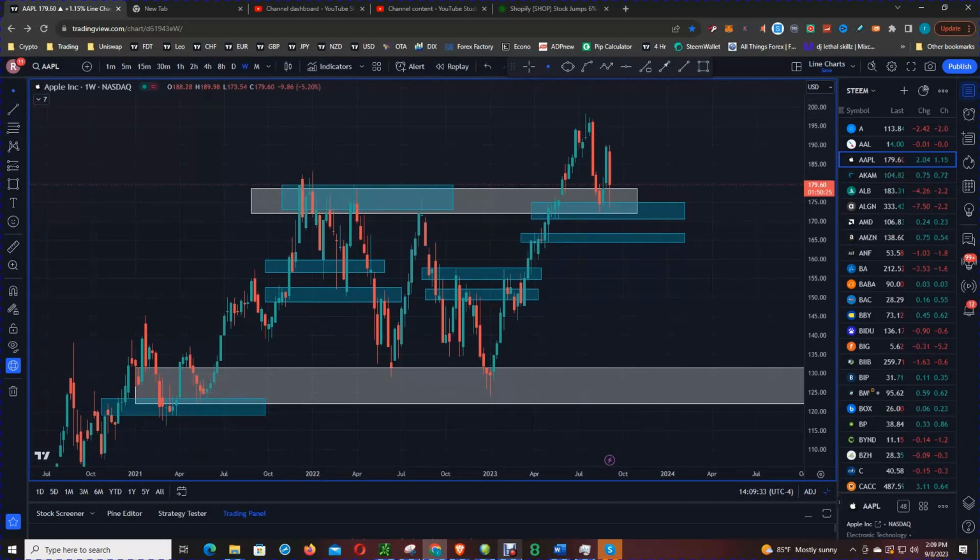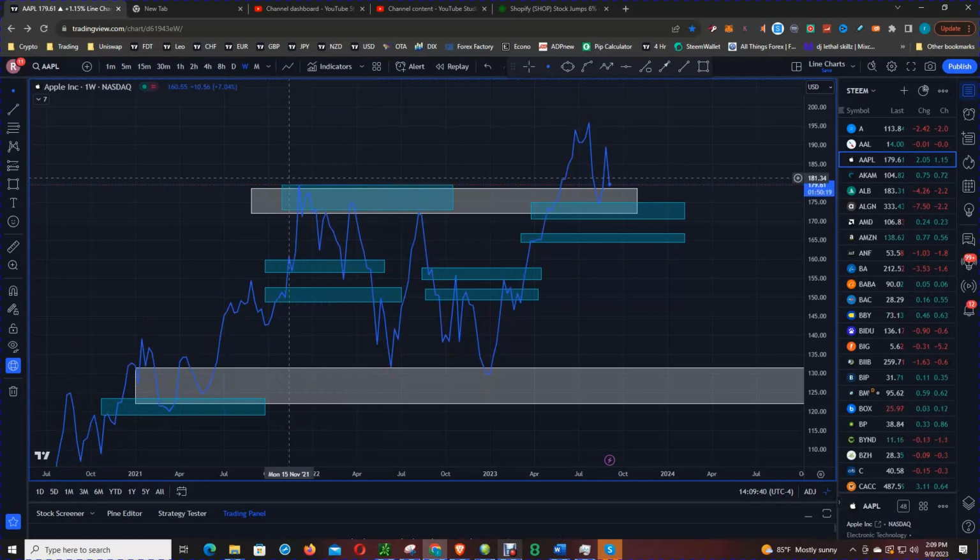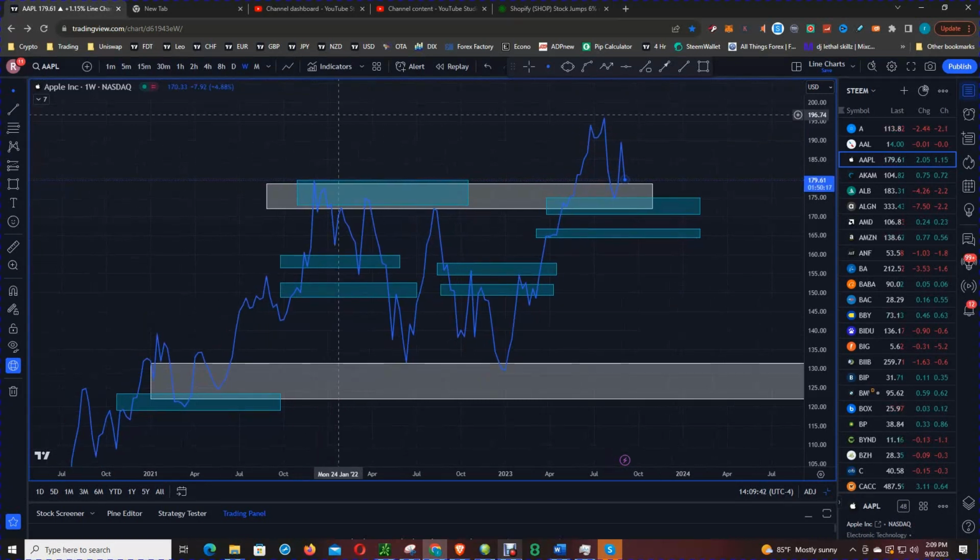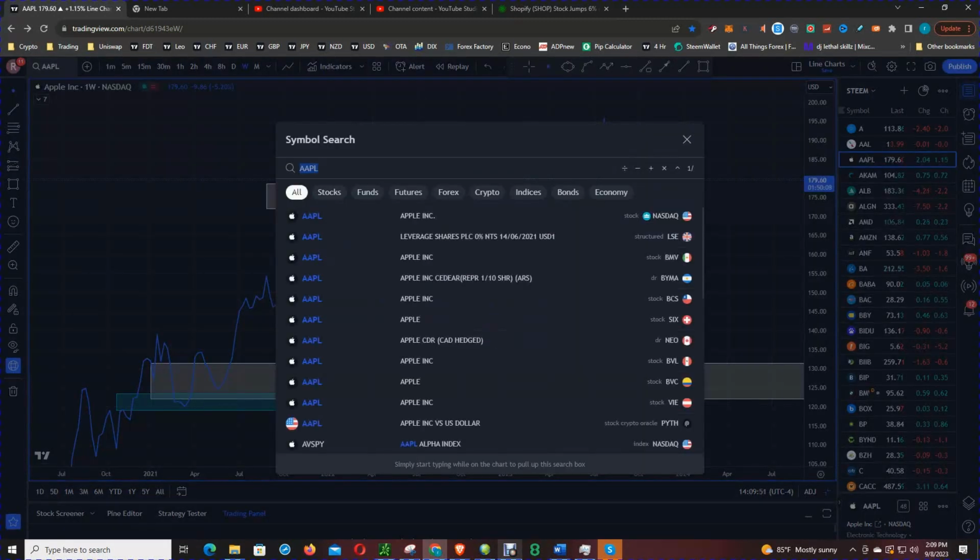So that was Apple. We did it on the monthly and weekly time frames using the line charts. Let's try everyone else's favorite, Tesla. This time we're going to do it on the daily chart.